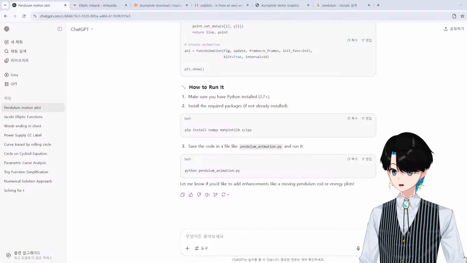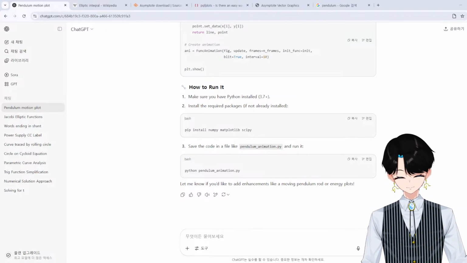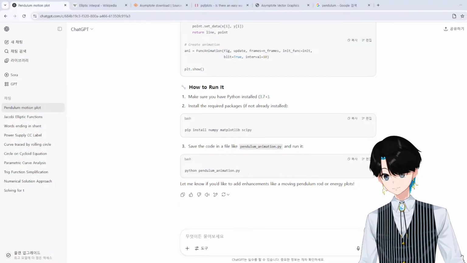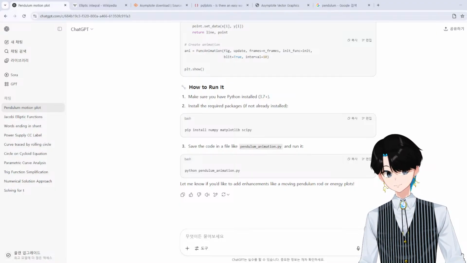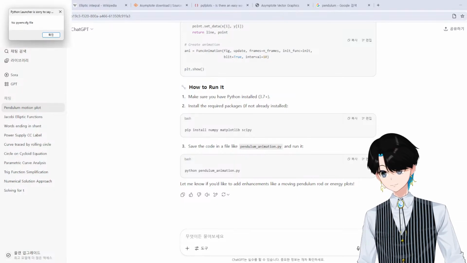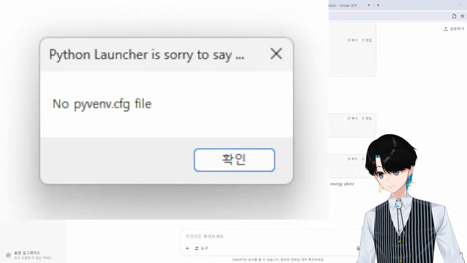We can handle that. We can do something about that. This is a screen that popped up right here. Python launcher, of course.